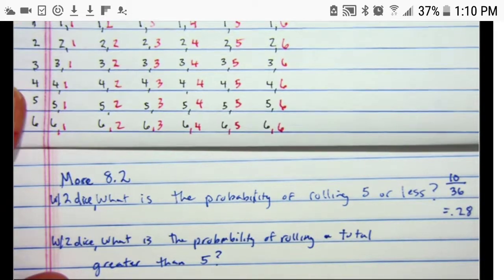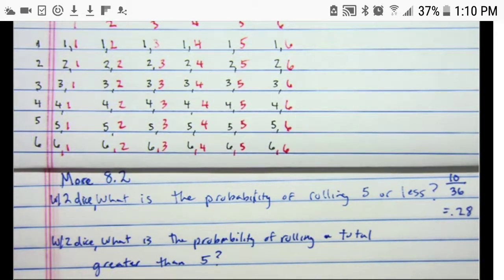So what would be the probability of rolling a total greater than 5? So you can look at your chart again. You still have 36 equally likely outcomes for the bottom of your fraction, but now how many outcomes will be greater than 5. So you can go ahead and check that out.